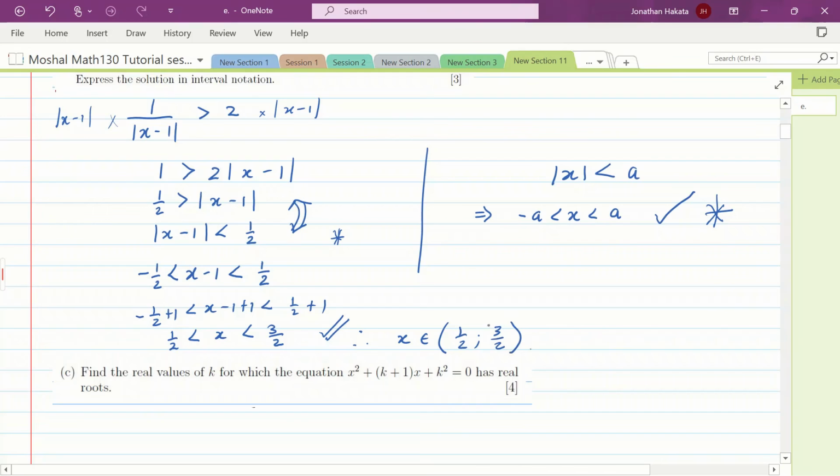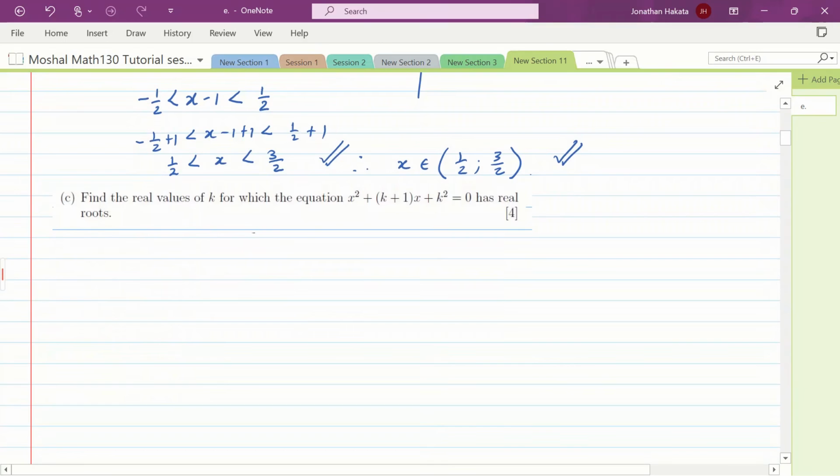We use small brackets because the inequality is not taking the endpoints. So this becomes our appropriate final answer, because the best way to do it is to write it as x is an element of the interval from half to 3 over 2.